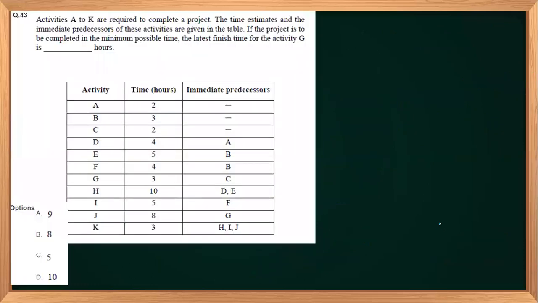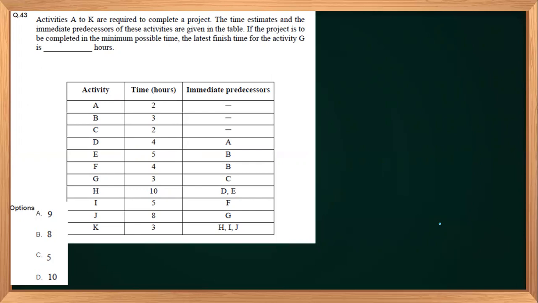Now, this one. Activities A to K are required for completing a project. The time estimates and the immediate predecessors of those activities are given in the table. If the project is to be completed at the minimum possible time, the latest finishing time for the activity G is dash hours.